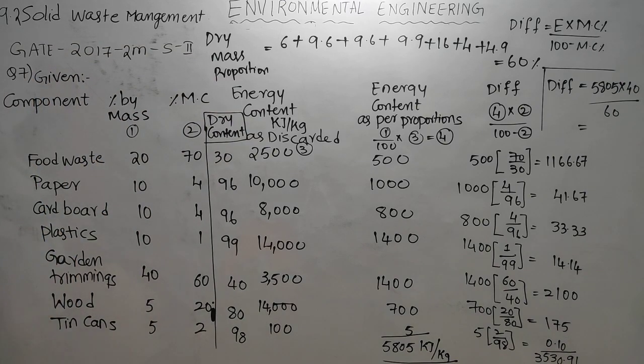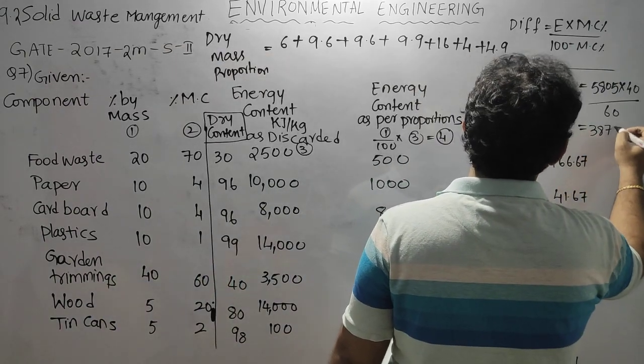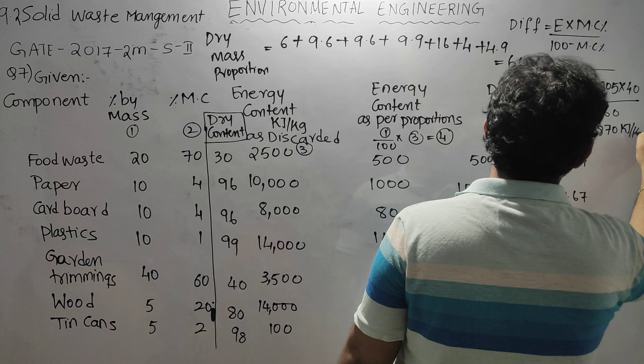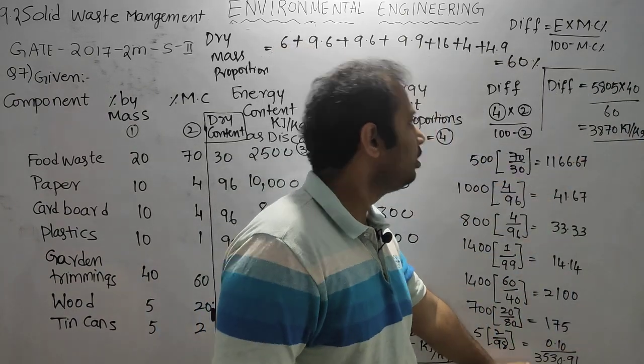If you do this, you will get an approximate answer, that is 3870. This is an approximate answer, and the other is the exact answer. That is the difference.